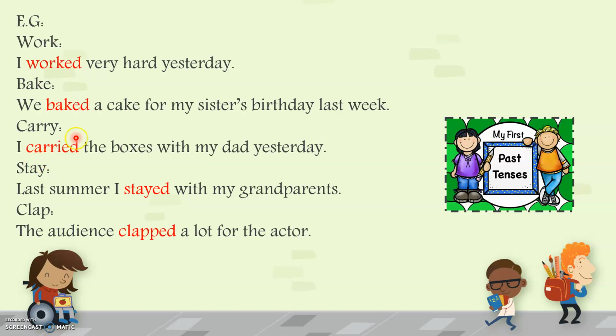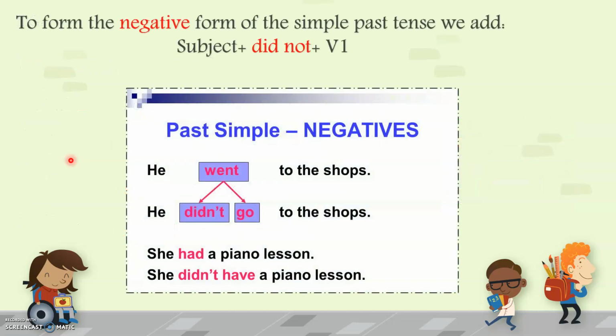We need to cross out the ied and return the y, because the base form of the verb carried is carry. So you need to pay attention that after didn't, we must have the base form of the verb. So this is how we change the sentence into the negative form. We need to add didn't, then the base form of the verb.